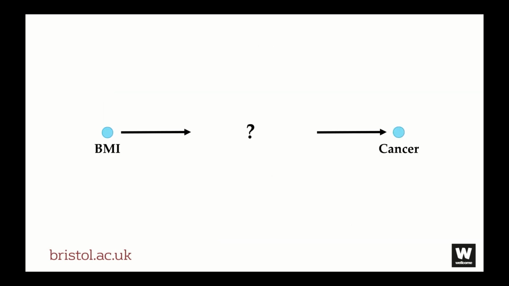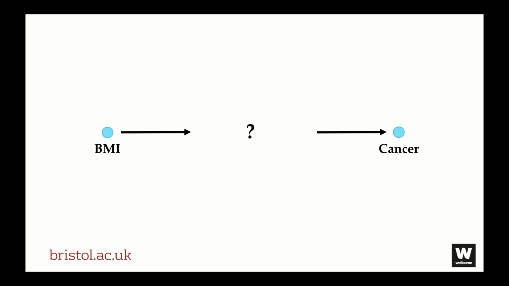But then what led me to where I am now is trying to understand what might mediate the effects of body mass index on cancer, because as we probably know, Megan and I were talking about this over breakfast, we're not very good at altering body mass index at a population level or individually. Diet interventions and bariatric surgery interventions have relatively short-lived effects.